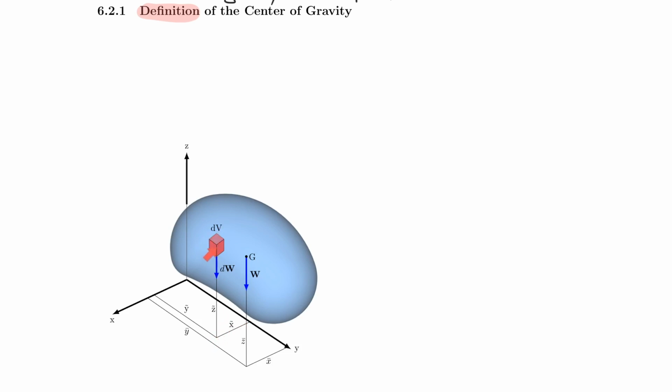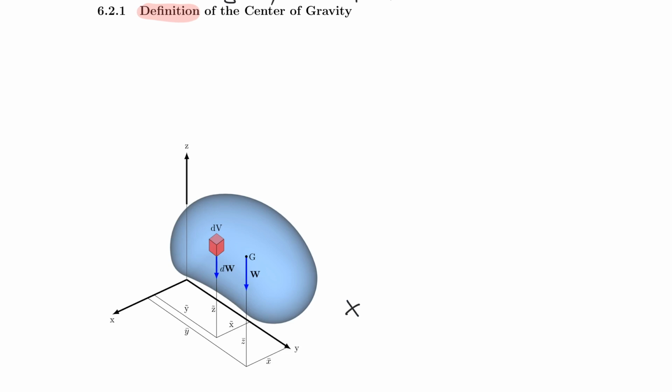Here you see only one of them, but imagine for a moment that the entire potato is made from only 2 dWs. Then dW1 times x tilde 1 plus dW2 times x tilde 2 must be equal to W times x bar. And that is kind of the definition. So I'm going to write that down here on the bottom for now.